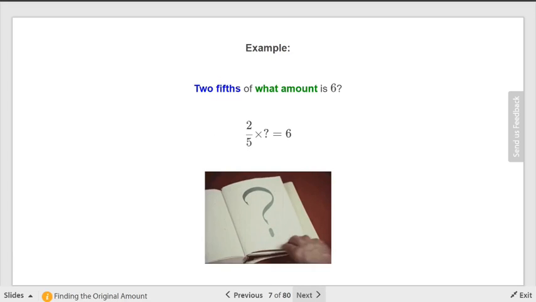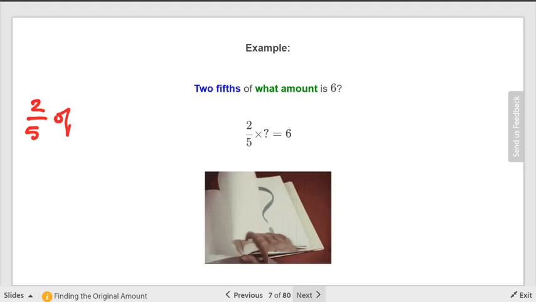So look at this one. Here's an example. It says 2/5 of what amount is 6? Okay? So 2/5 of what equals 6? Anytime you see that word is, always associate it with equal.